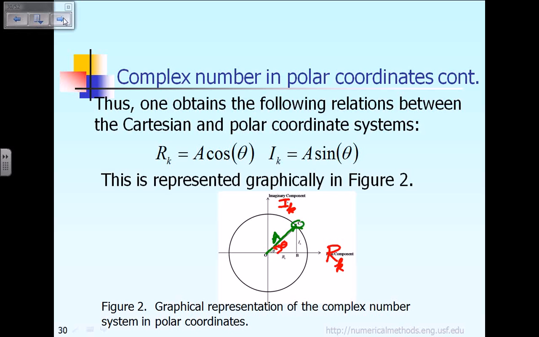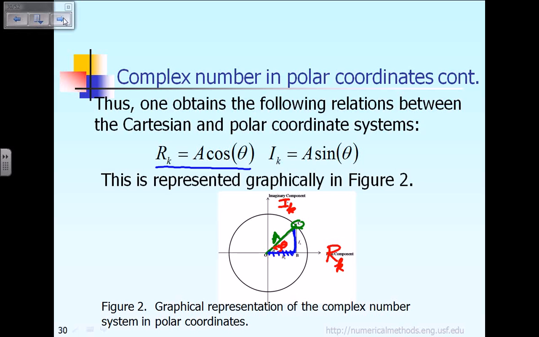On the other hand, for the same complex number, if you express that in terms of the Cartesian coordinate, then that complex number c can be expressed by the real component, which is r sub k, and the imaginary component, which is I sub k. So a complex number can be expressed either in terms of the polar coordinate or in terms of the rectangular Cartesian coordinate. Obviously, there's a relationship between the two systems, because the real component r sub k, which is this distance right here, is equal to amplitude A times cosine of the phase angle theta.